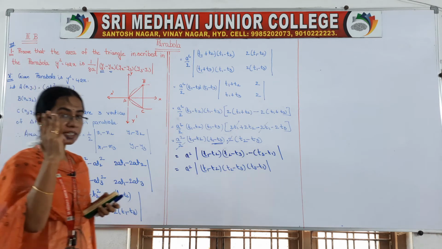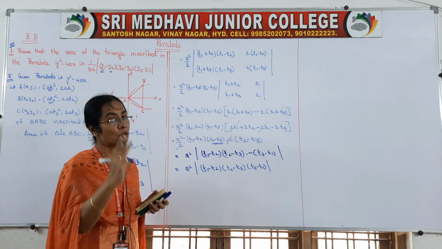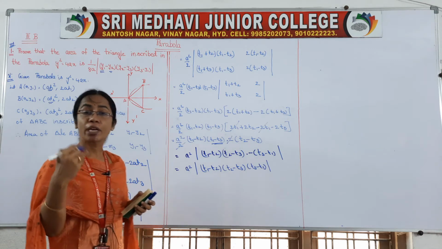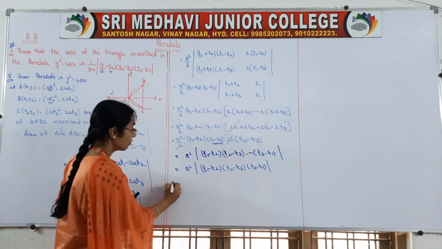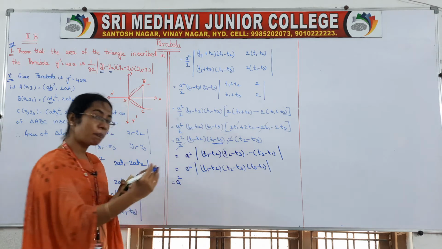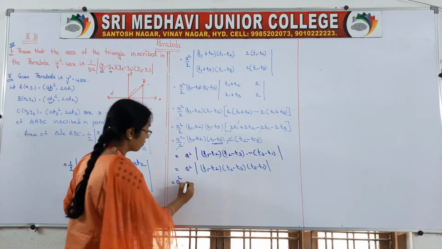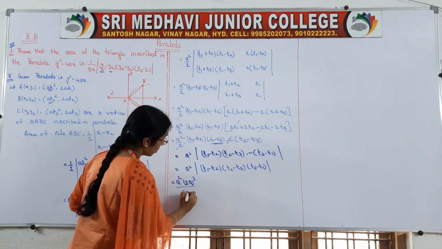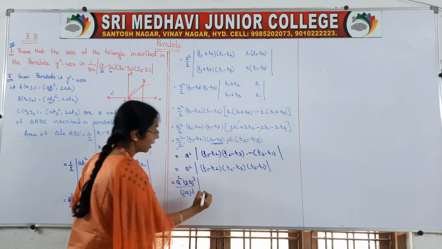So totally three 2a's: 2a into 2a into 2a, which is 2a cube. So I need that value, which means I am multiplying and dividing with that value: 2a cube by 2a cube.